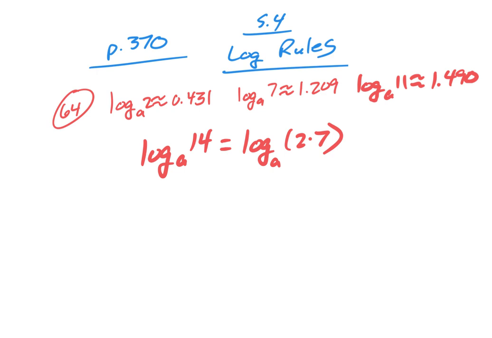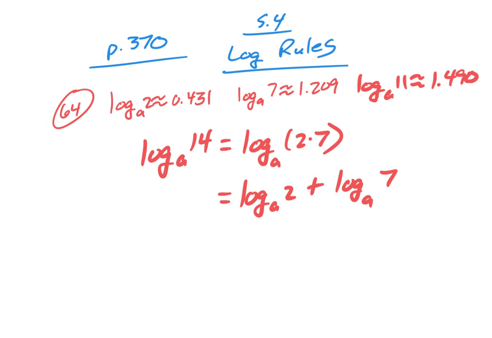Now here's where the log rule comes in play. If we have a multiplication sign, this is the product rule. When I separate them, what am I going to do? Add them, yeah. So we're going to go log base A of 2 plus log base A of 7. Okay, do we know log 2 base A?